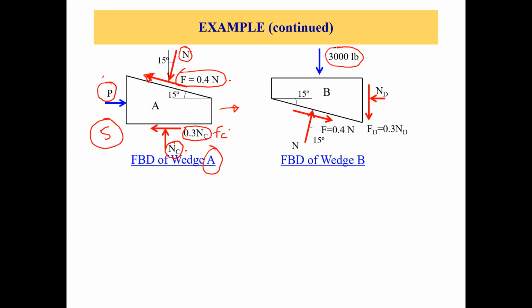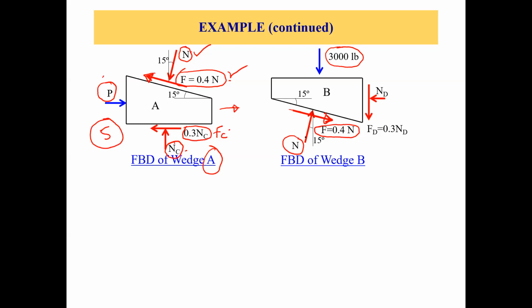So if you look here, this N and this F, we'll apply these but in opposite directions. So that's why this F will be in this direction. This is your F, the friction force, and this is your N, the normal force, acting opposite to what we have on top of wedge A, right?